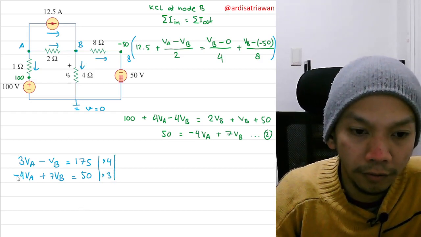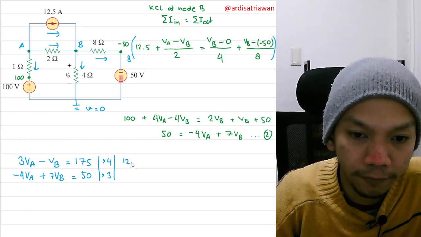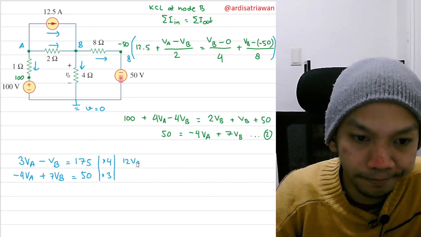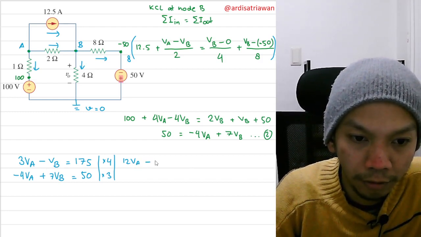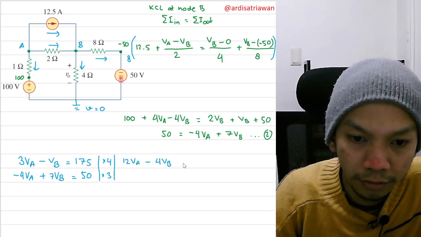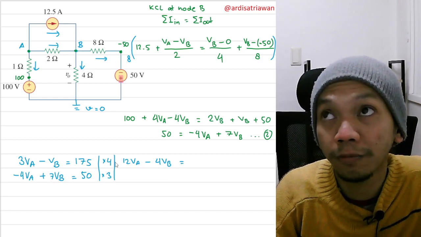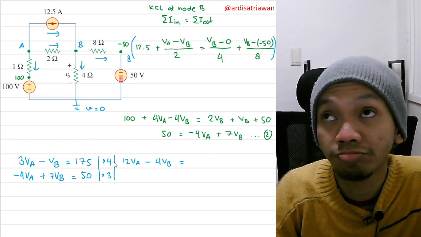Okay, so I will have 12 VA minus 4 VB, and that will equal 175 multiplied by 4.